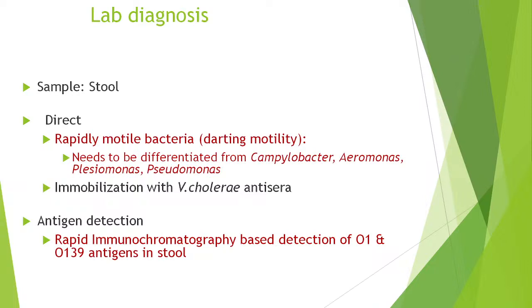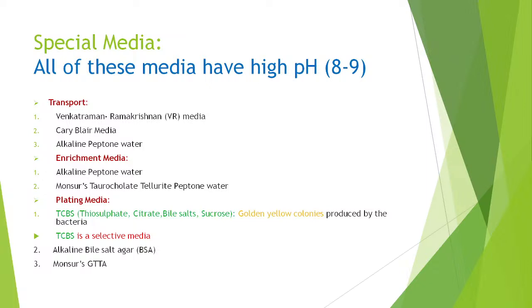So it is a very simple test, you can do the cholera diagnosis on the bench top only. Then there are certain antigen detection kits, not that commonly used, but there are kits available which can do rapid ICT-based detection of O1 and O139 antigen in the stool, just like you do for malaria and dengue. Now, that is for microscopy, but for culturing, what you have to do is take care of the preservation of bacterial viability.